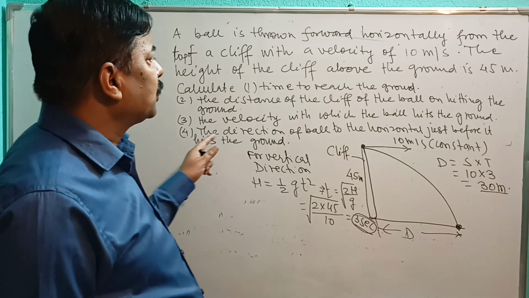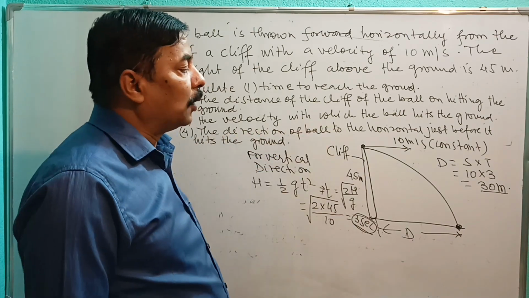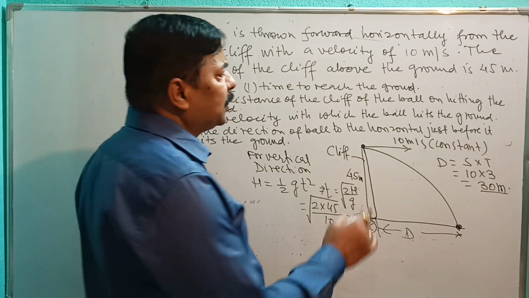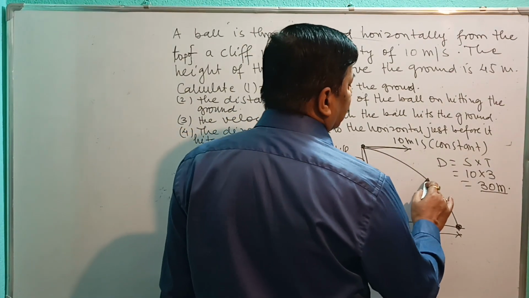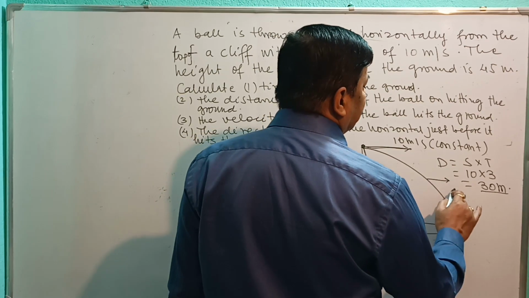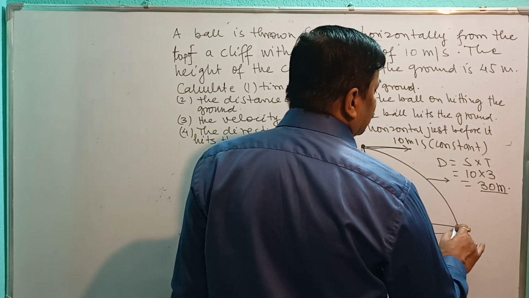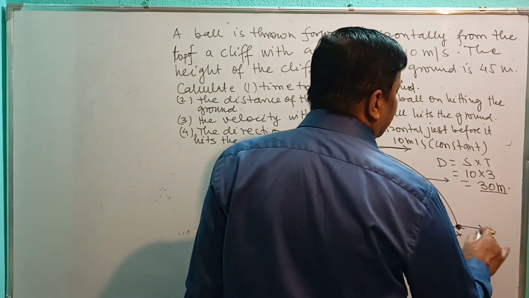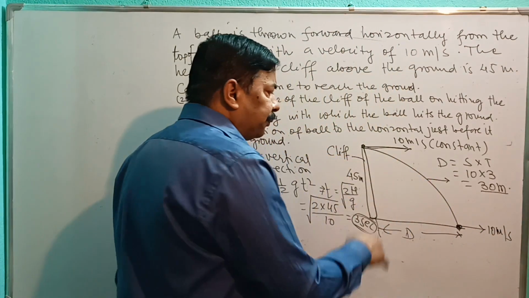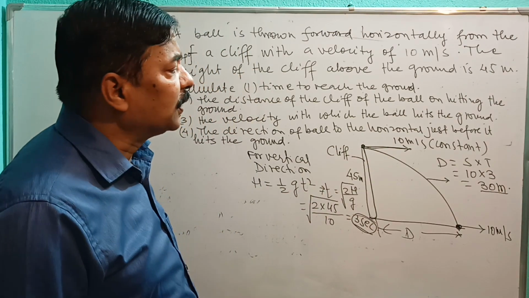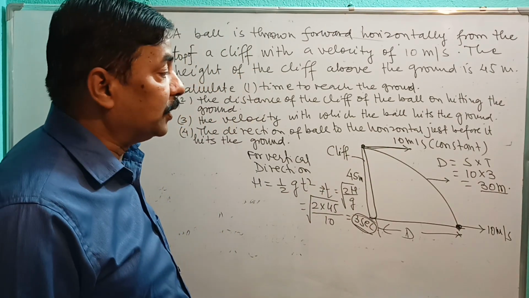Next is the velocity with which the ball hits the ground. Now you see, this velocity component will always remain the same. This will always be 10 meter per second. Just before hitting the ground also it will be 10 meter per second. But the vertical direction velocity, that is going to change.